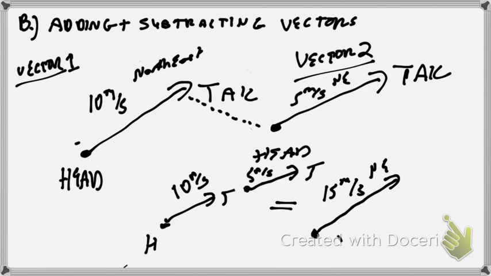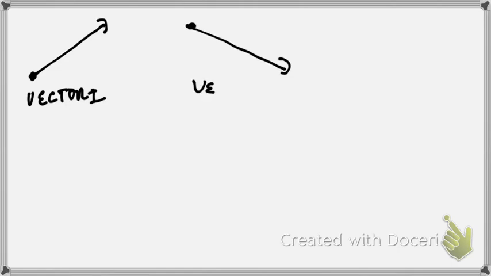Let's go ahead and look at a few more examples. You have another example where you're supposed to add vector 1 and vector 2. In order to add these two, you would have to do the head to tail method.